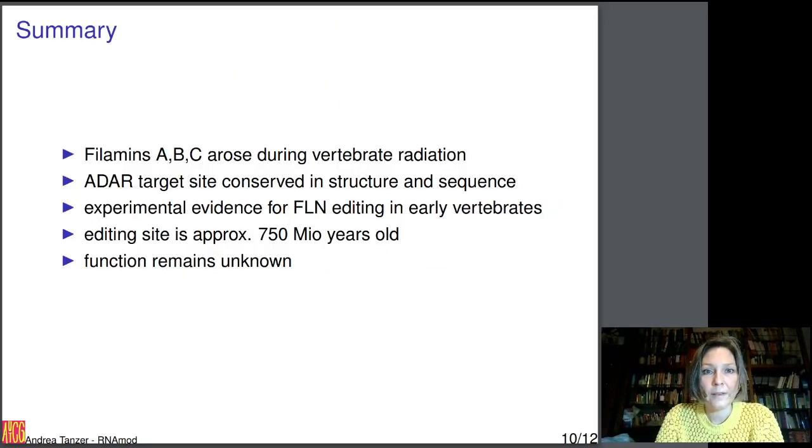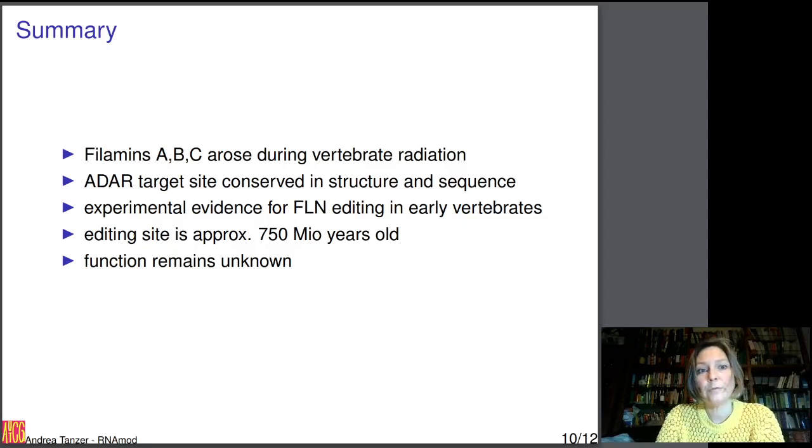To summarize, what I showed you here today is that the filamins A, B, and C arose during vertebrate radiation, the 2 rounds of consecutive genome duplications in vertebrate evolution. For the ADAR target sites in filamin A and B, we showed that the sites are conserved in structure as well as in sequence.